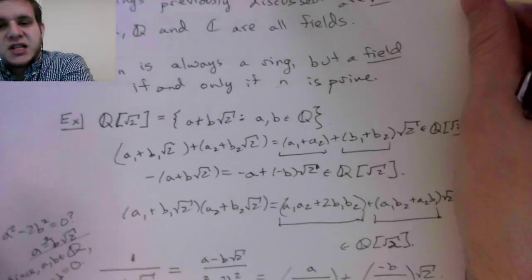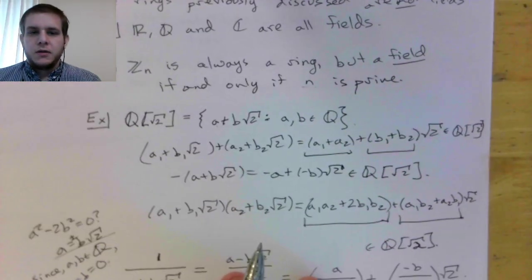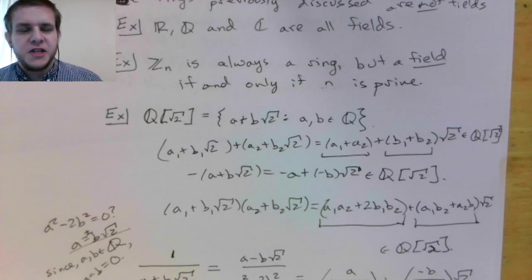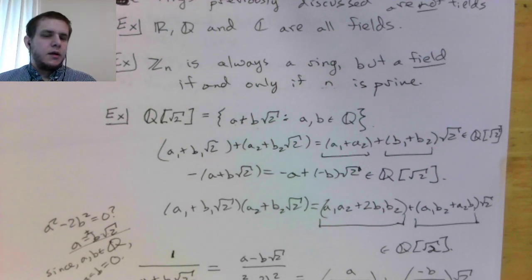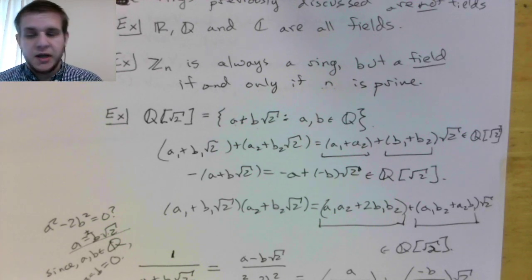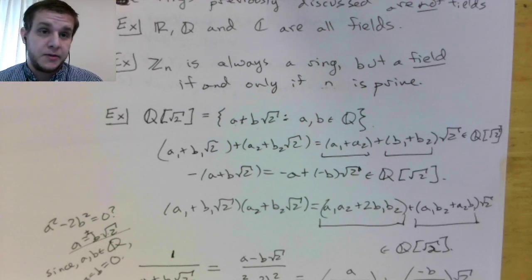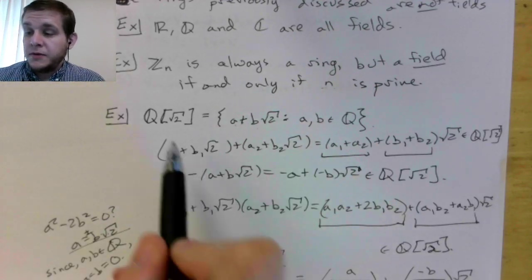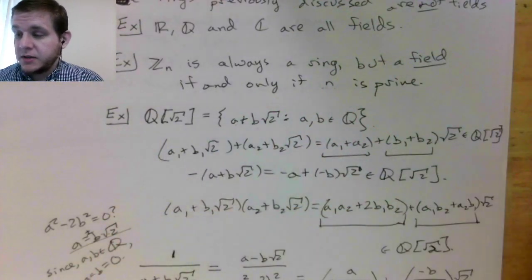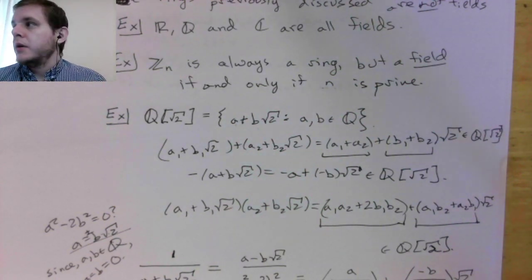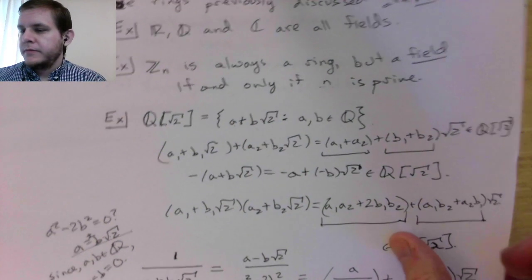So this is the last example of a field I want to go over. Doing field extensions like this has a lot of interesting applications and ideas surrounding it. So if you're interested in this, look up or take a course in algebraic number theory.